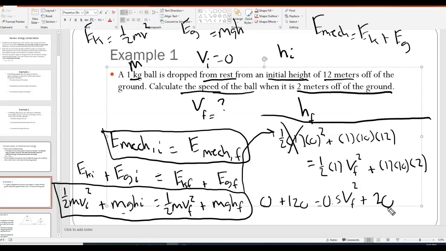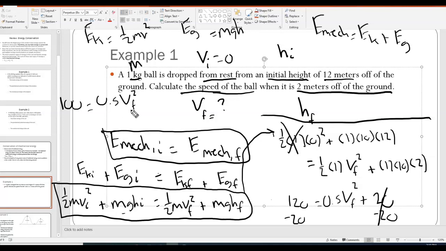From here, all I need to do is rearrange this and get VF by itself. So I need to do a little bit of algebra. I'm going to erase this 0 because I don't really care about it. I need to subtract 20 on both sides, minus 20, minus 20. That's going to go away. I end up with 100 equals 0.5 VF squared.